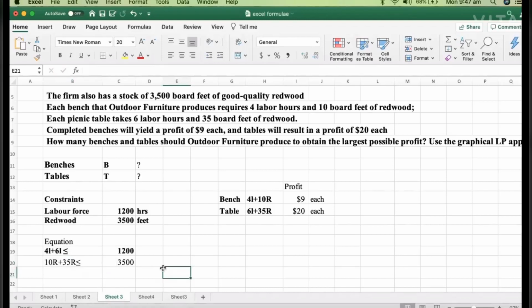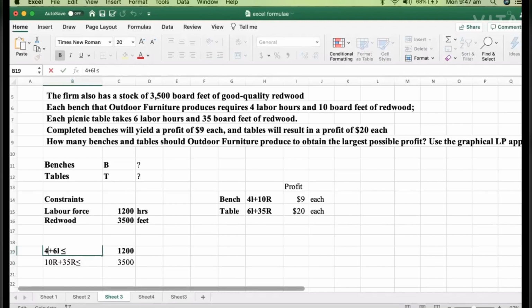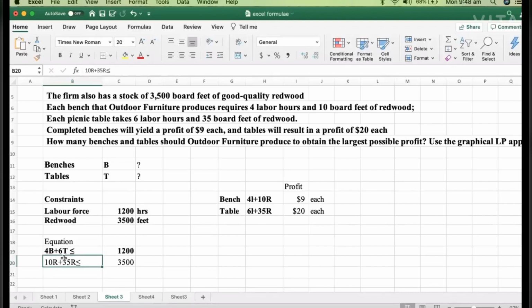But how can you identify this one is for your bench and table? For this, instead of labor hours, you can write B over here and T over here. I wrote it earlier to make you understand what we are going to do.